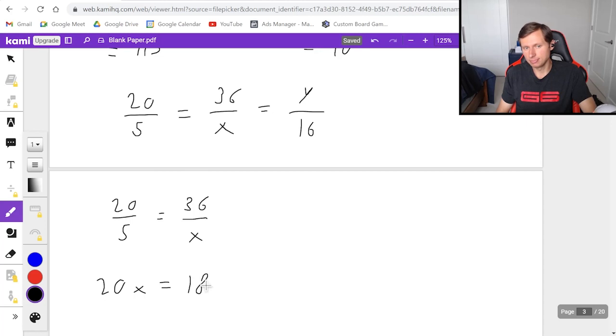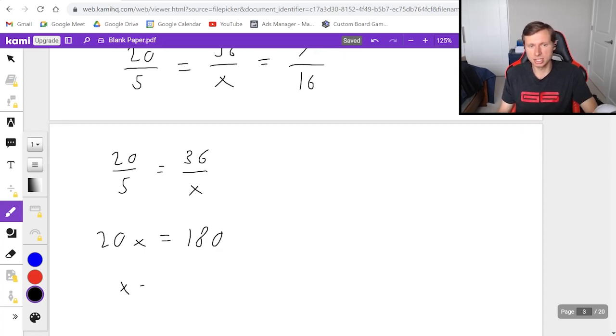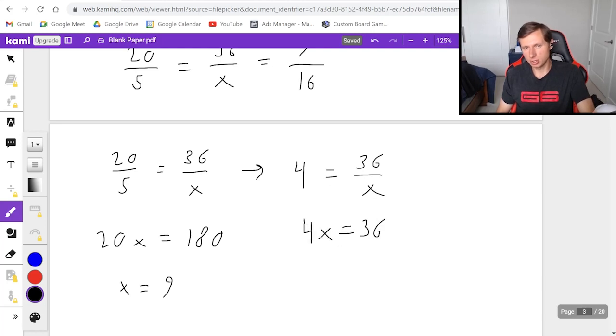That's 180. And so then x is going to be 180 over 20, which is just 9. And by the way, the second way you could have done this is you could have said 20 divided by 5 is just 4 equals 36 over x. Multiply the x on both sides, 4x equals 36, and then divide by 4, x will be 9. I think that way's a little bit easier, but both ways get you the same answer, x equals 9.